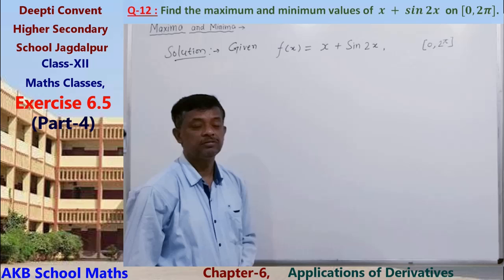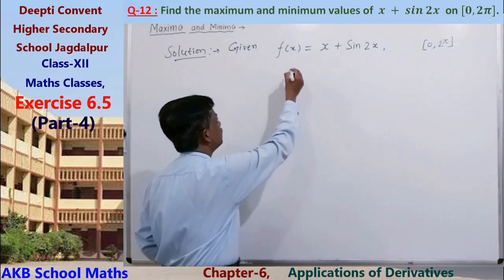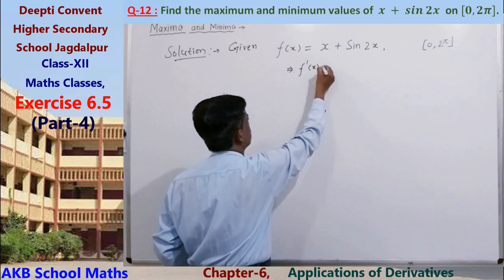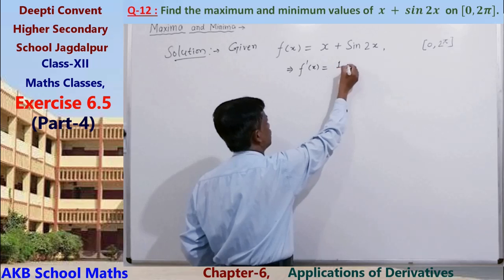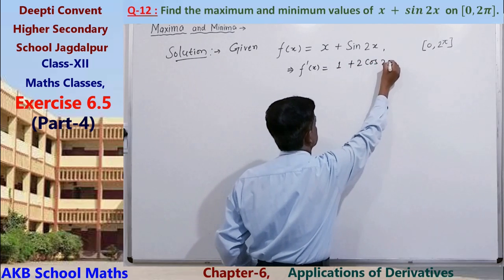So first of all, we have to find critical points. For that, find the derivative. The derivative of x is 1, of sine 2x is 2 cos 2x.